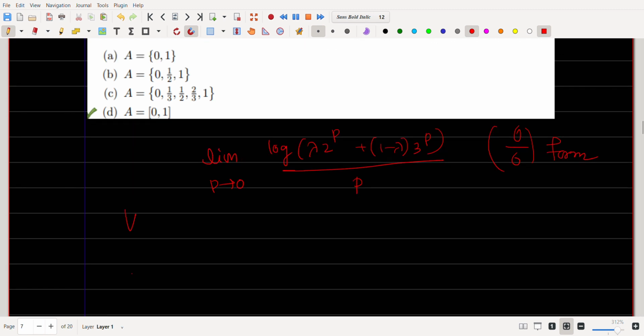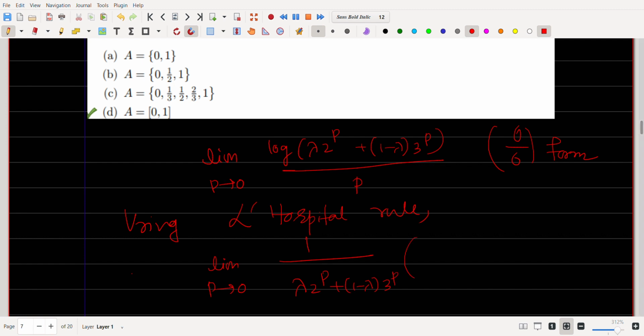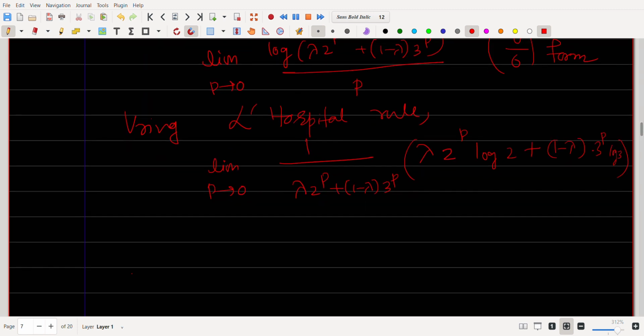Then you can use L'Hopital's rule. You will have limit p goes to 0 of 1 by (lambda 2^p + (1 - lambda) 3^p) times (lambda 2^p log 2 + (1 - lambda) 3^p log 3), just by doing the derivative.